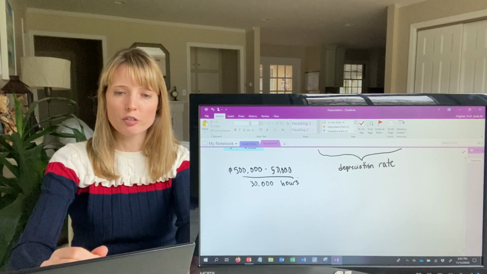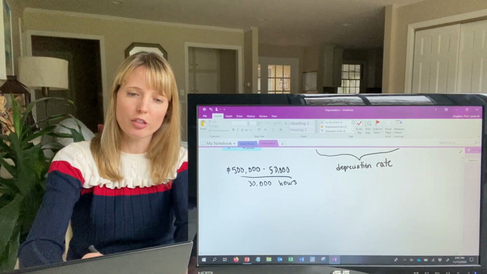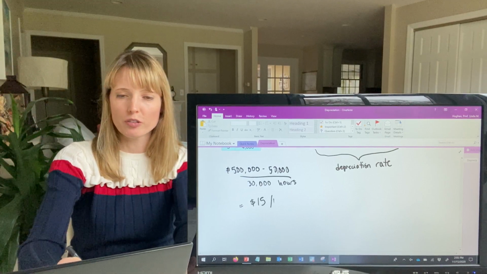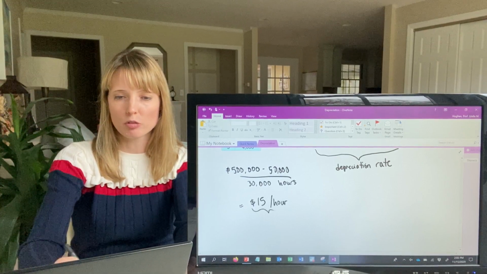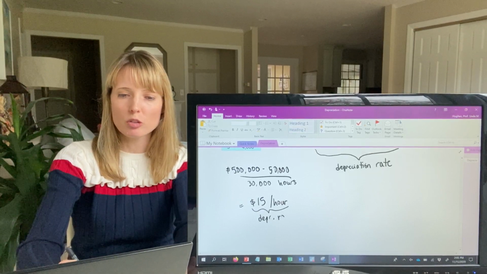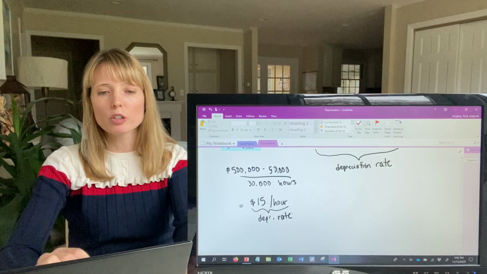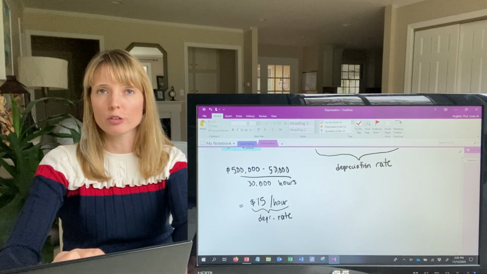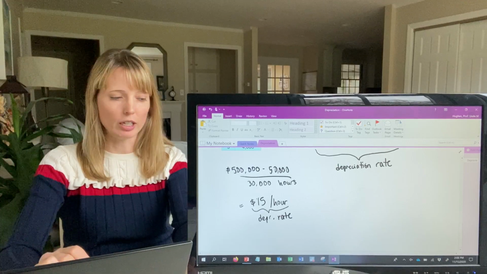So when we divide $450,000 by 30,000 hours, we get a depreciation rate of $15 per hour. This is our rate. And what does this represent? Every time we use the crane for 1 hour, we're using up about $15 worth of the value of that crane.